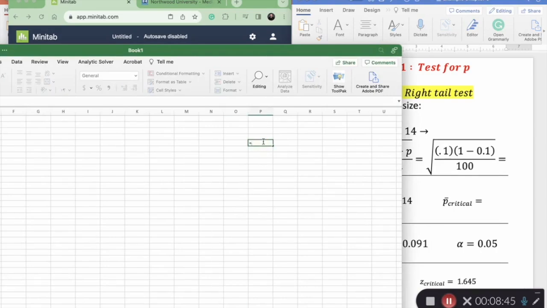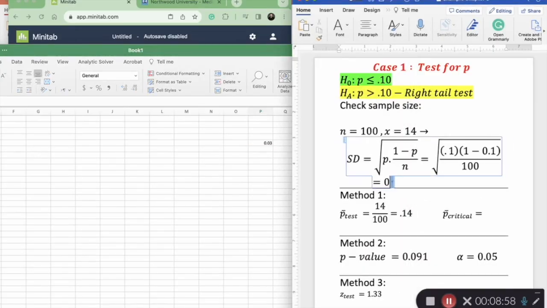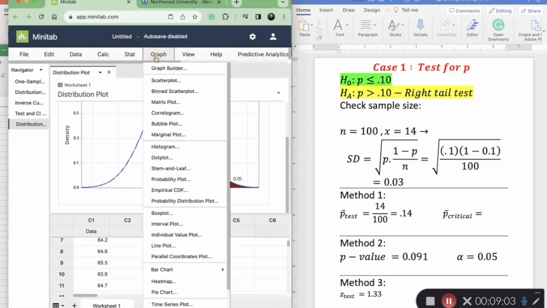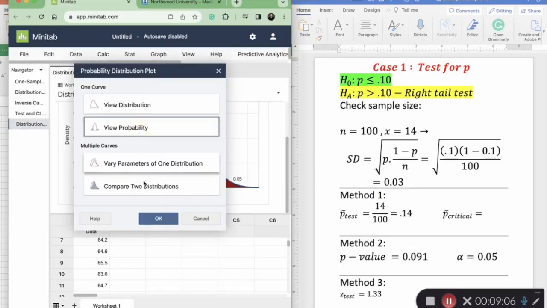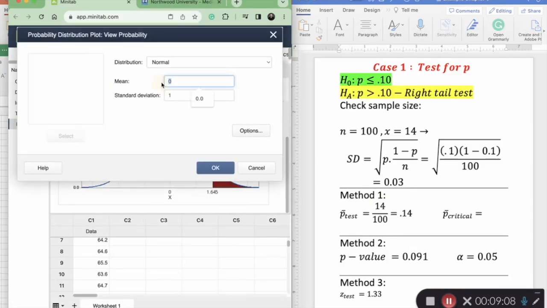The square root of 0.1 times 0.9 divided by 100. So 0.03. So to go back to the graph probability distribution, the mean is 0.10 and the standard deviation is 0.03.